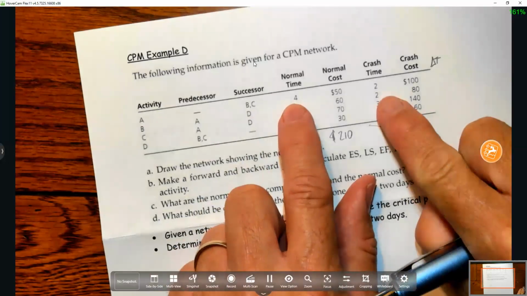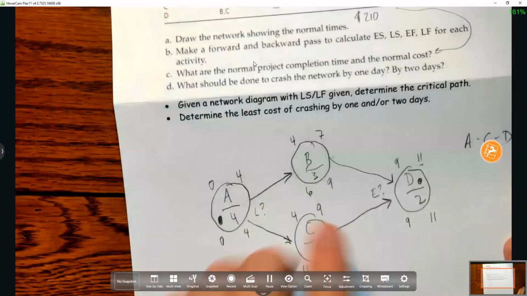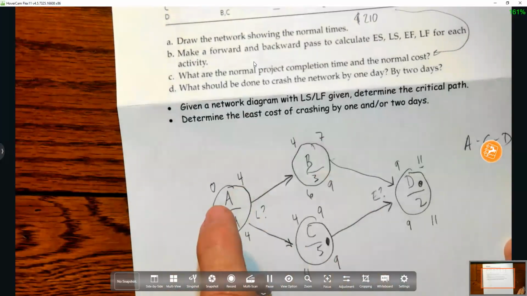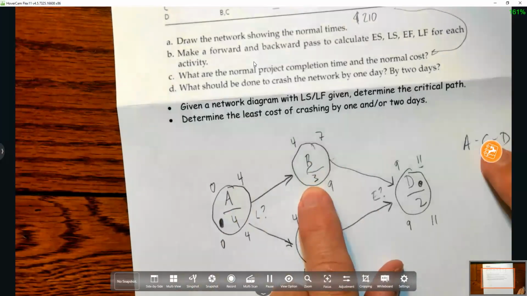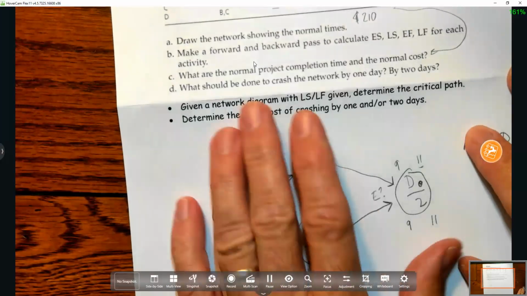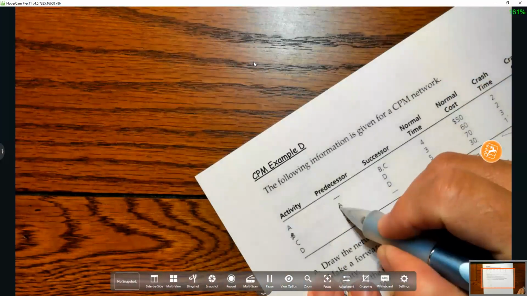Which one am I worrying about? Which one am I not worrying about? You always have to ask that. We want to consider A, C, and D. Do not consider B. So we're just going to cross B out.